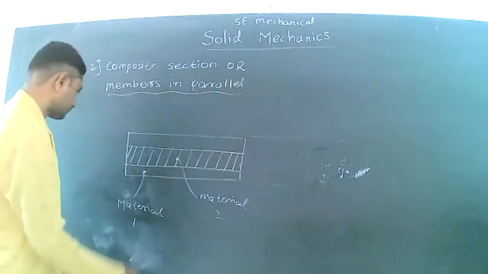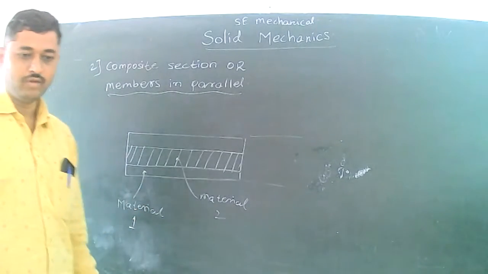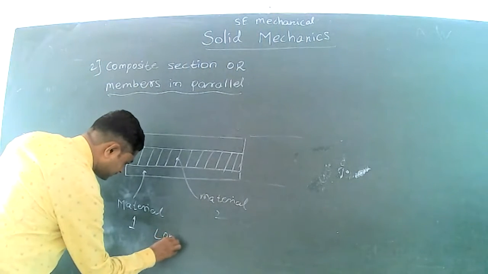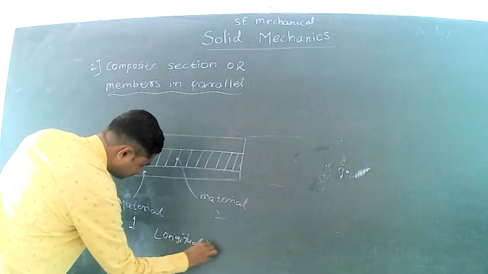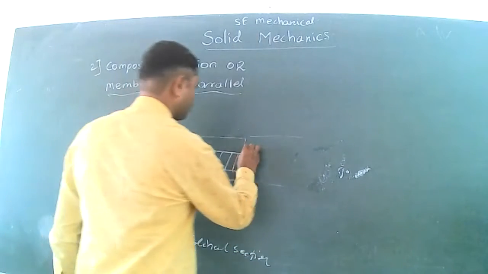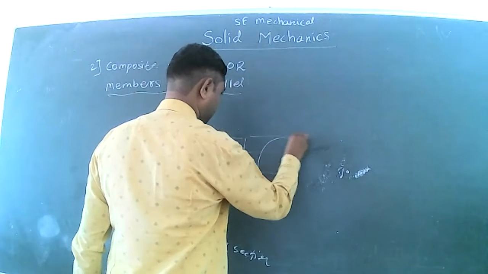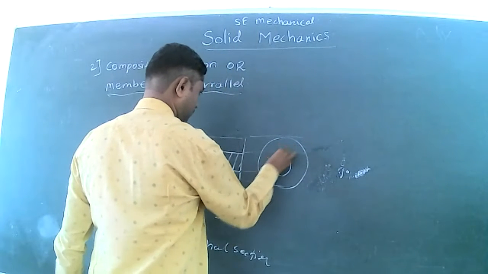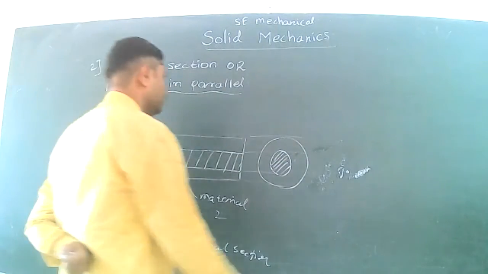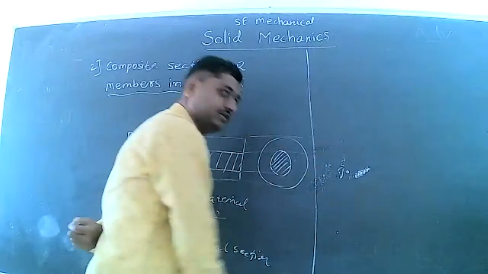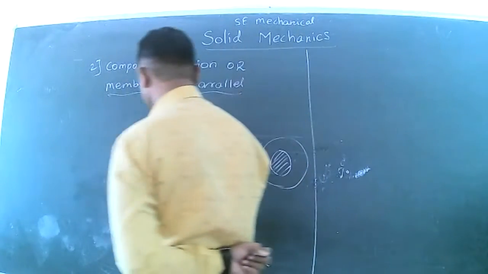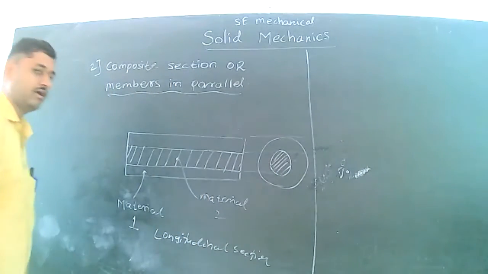Here we show the longitudinal section of the member and the cross section of the member. In a composite section, two or more members of different material, here we have to consider two different materials for the member.